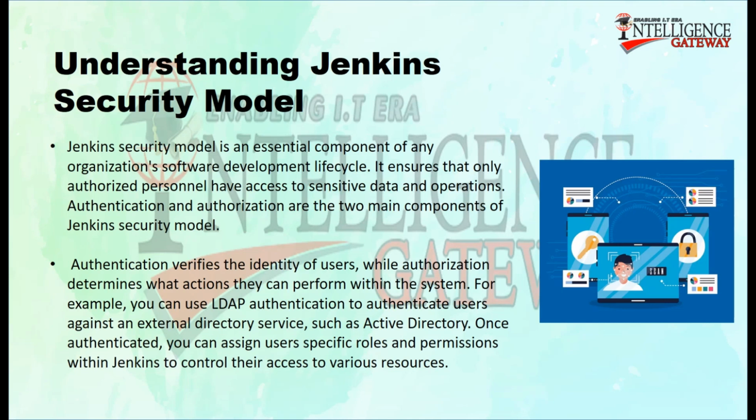Authentication verifies the identity of users, while authorization determines what actions they can perform within the system. For example, you can use LDAP authentication to authenticate users against an external directory service, such as Active Directory. Once authenticated, you can assign users specific roles and permissions within Jenkins to control their access to various resources.